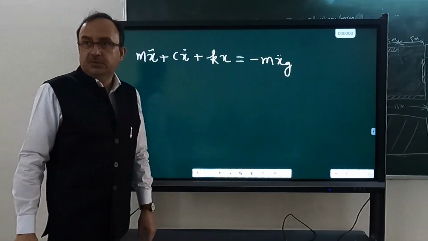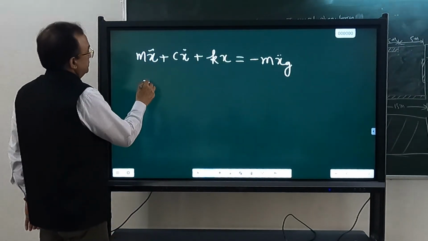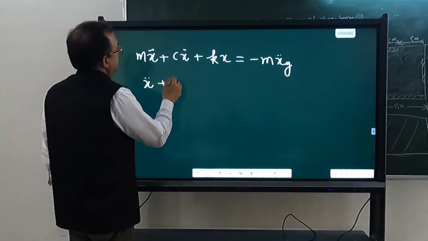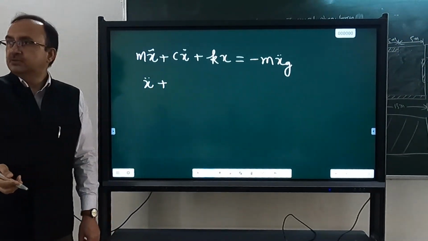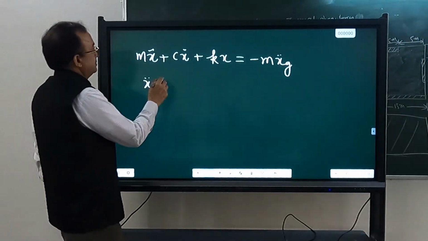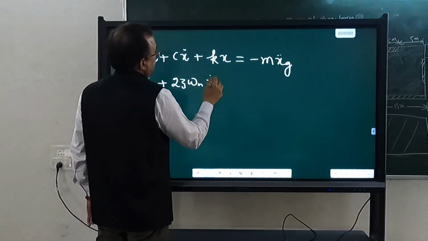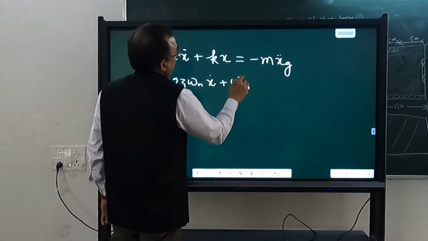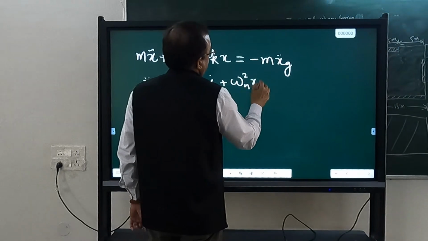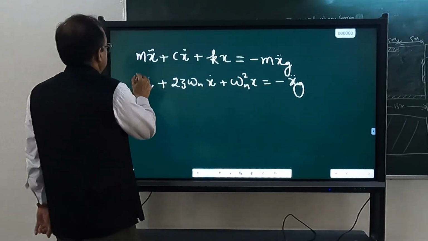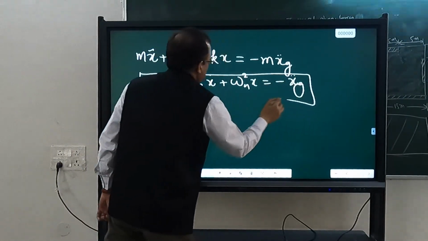You divide this by m: x double dot plus c by m x dot plus omega n square x is equal to minus x g double dot. So what do you need?